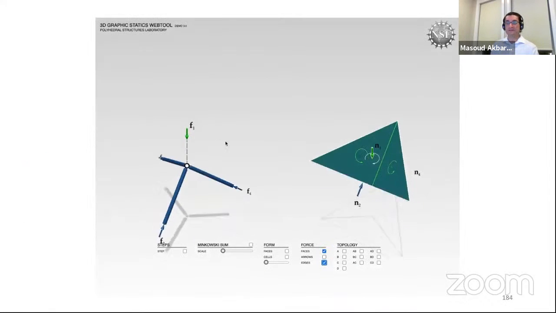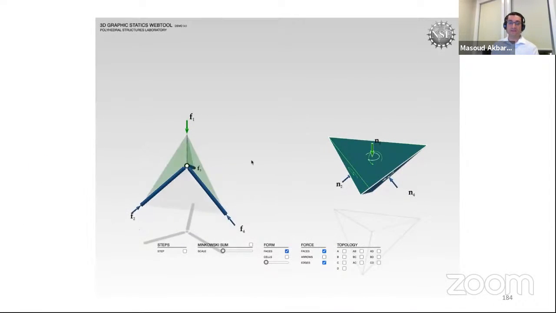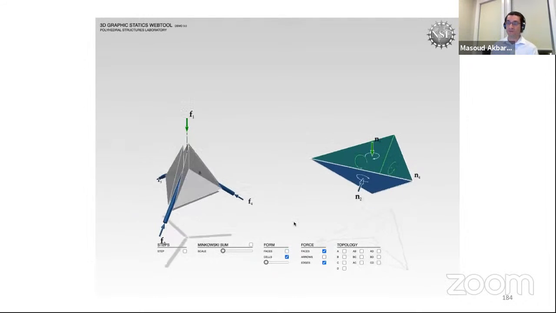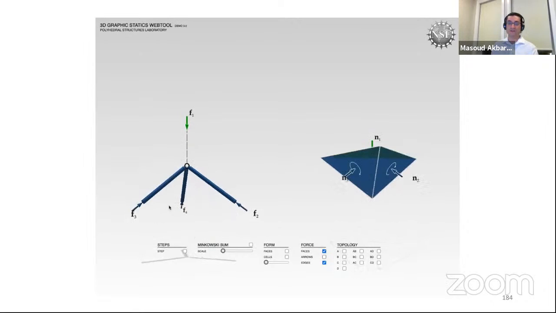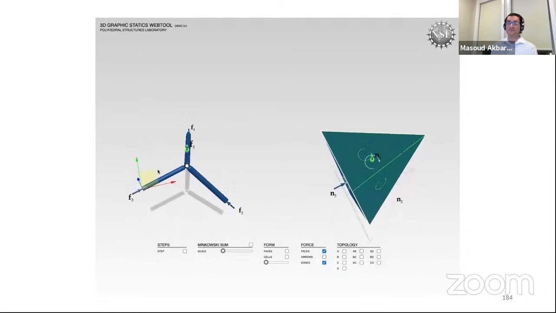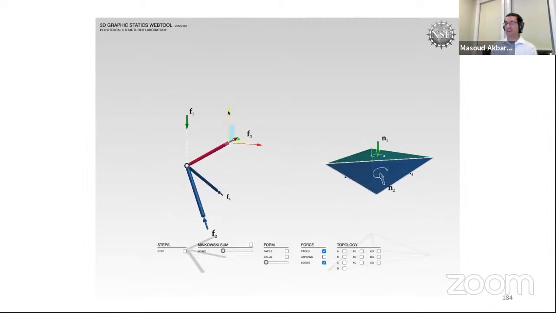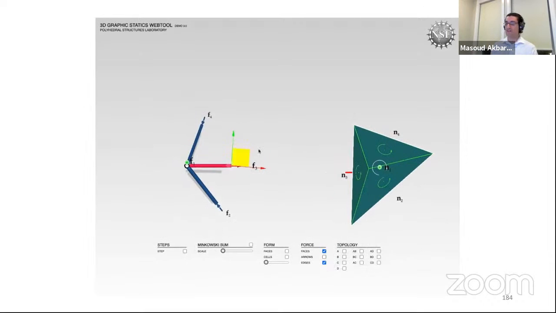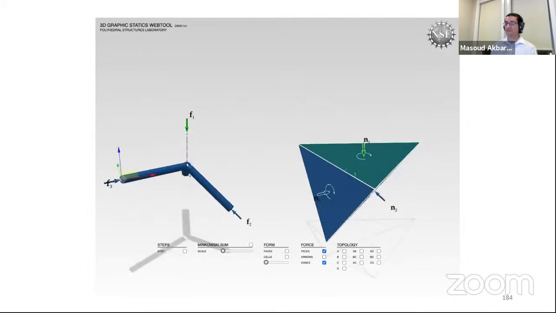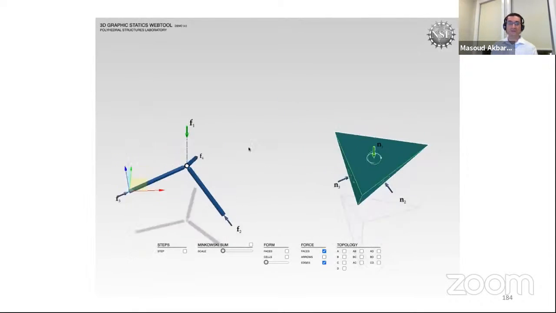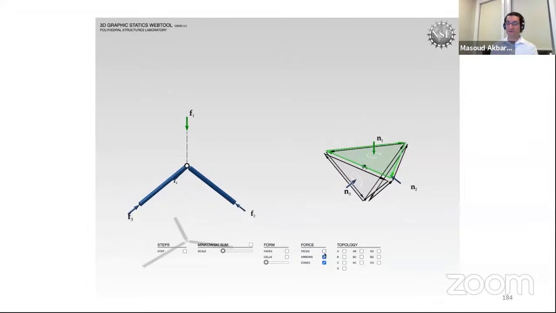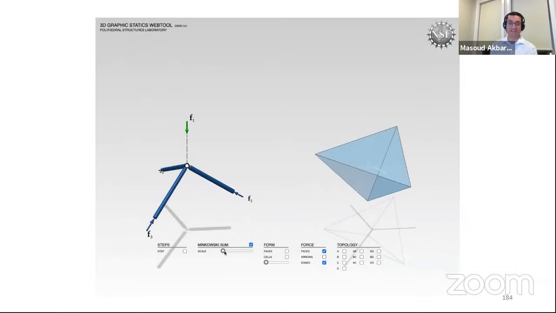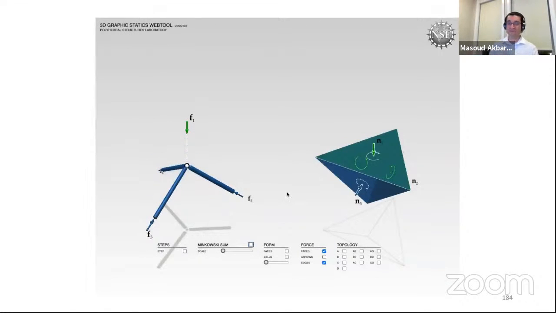So recently we are developing interactive web-based tools for people who would like to explore this method and learn, understand, play and see the results of this. And this work has been funded by the National Science Foundation. And soon I would be able to share this with you, and you can explore it online. All these possibilities of form, force, and the relationship between them.